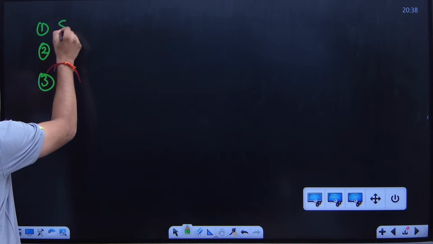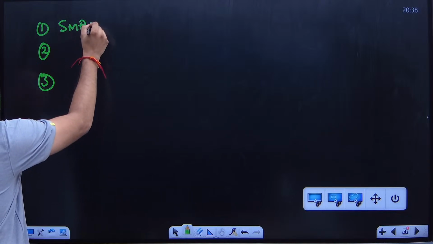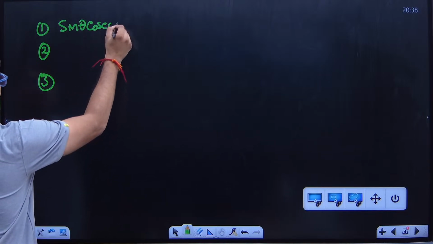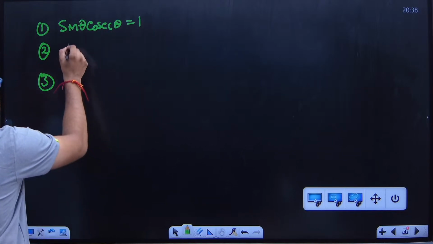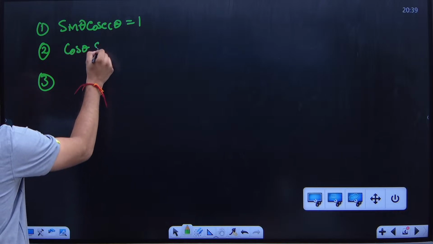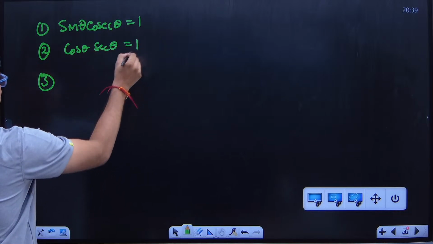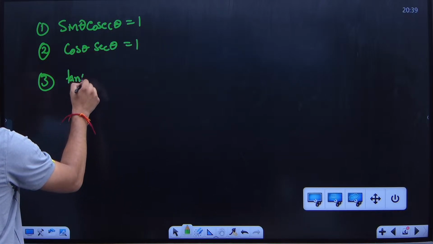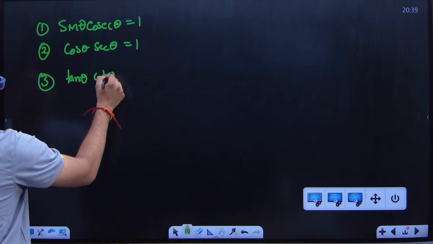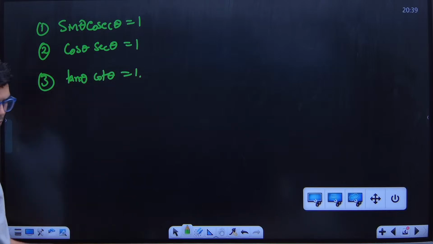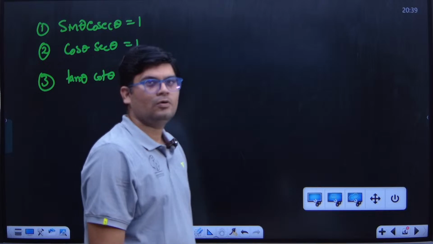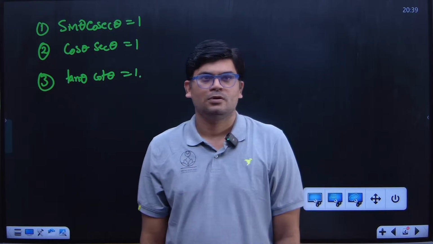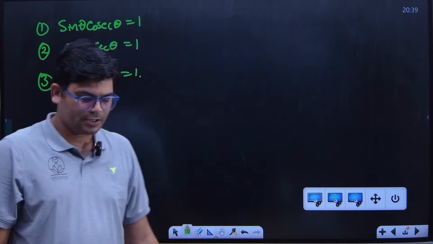The formula is sin theta into cosec theta is equal to 1. Cos theta into sec theta is equal to 1. Tan theta into cot theta is also equal to 1. All are reciprocals of each other.